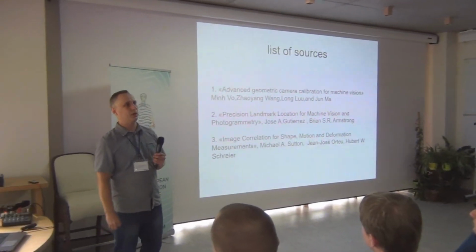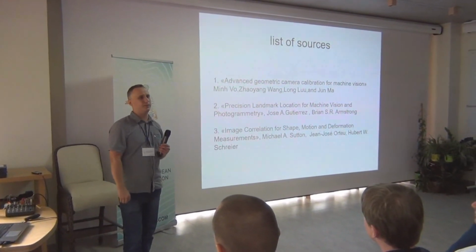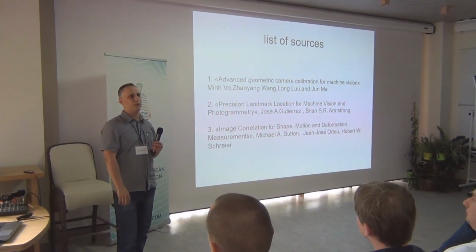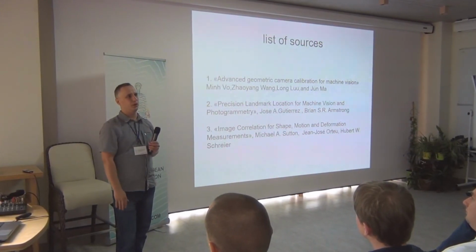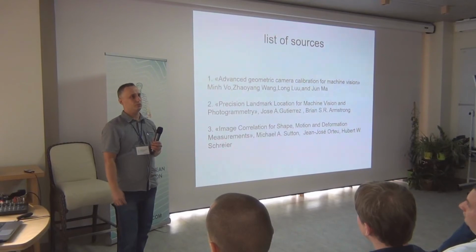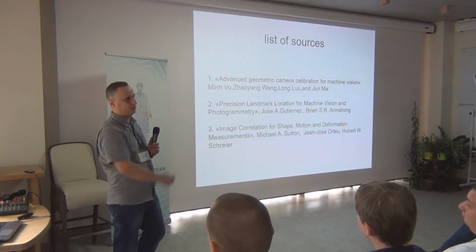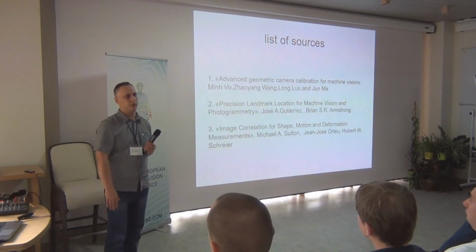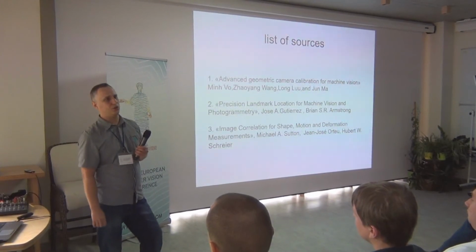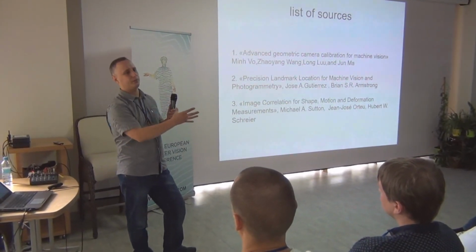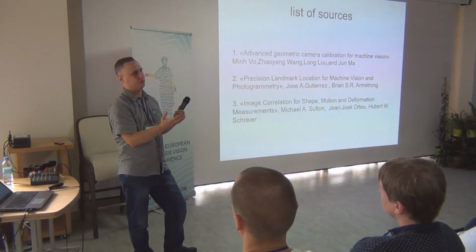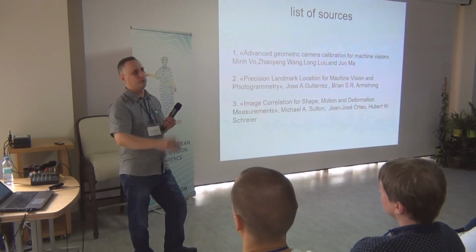I think with distortion, with cameras about 90 degrees field of view, not more. But I think this method works for every camera. It's flexible. You can change the calibration parameters model according to your real camera.